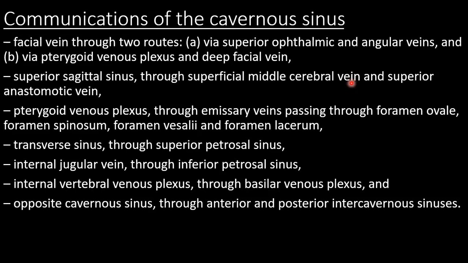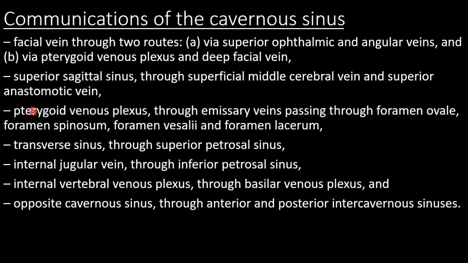Okay, please note that you first start with the superior sagittal sinus, then blood will go to the superior anastomotic vein of Trolard, then from that anastomotic vein to the superficial middle cerebral vein, then to the cavernous sinus.